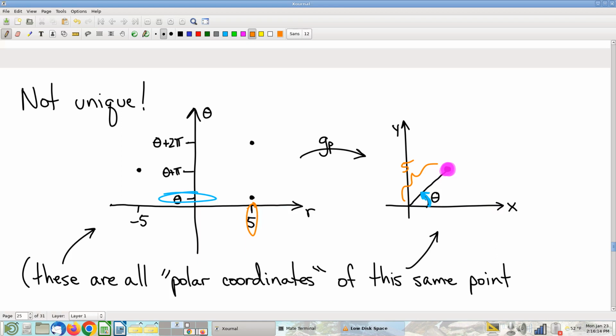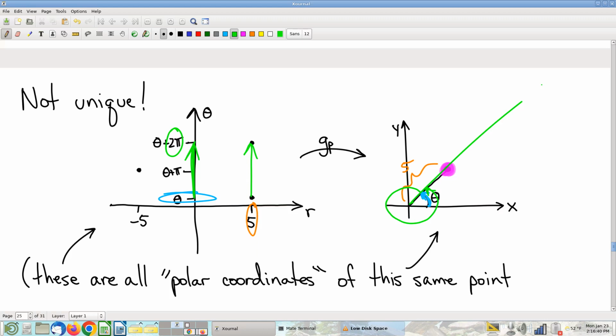But check this out. You could also say I'm going to add 2 pi to the angle. And let's think about what happens if you add 2 pi to the angle. That gets you going the exact same direction in the xy plane, because 2 pi is a full circle.